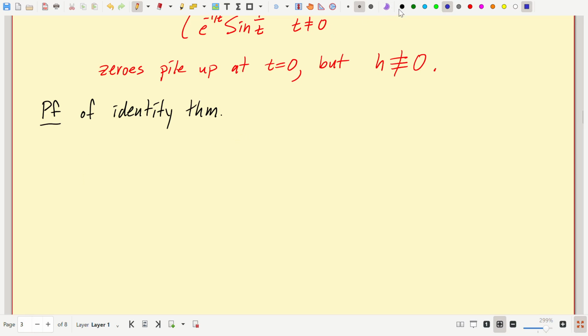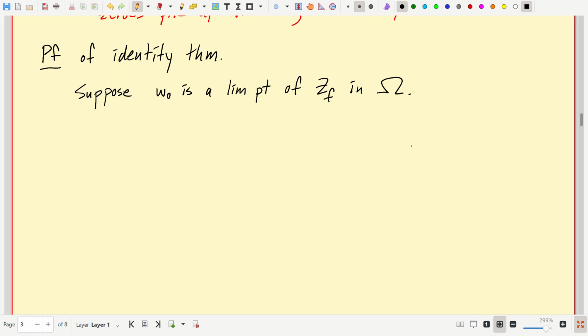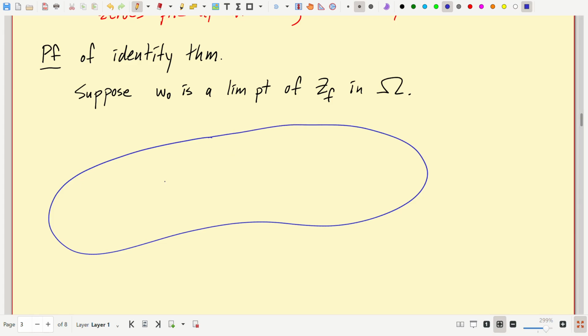Let's suppose w naught is a limit point of the zero set of an analytic function in omega. Okay. Here's my omega. My omega could have holes. Here's my w naught.